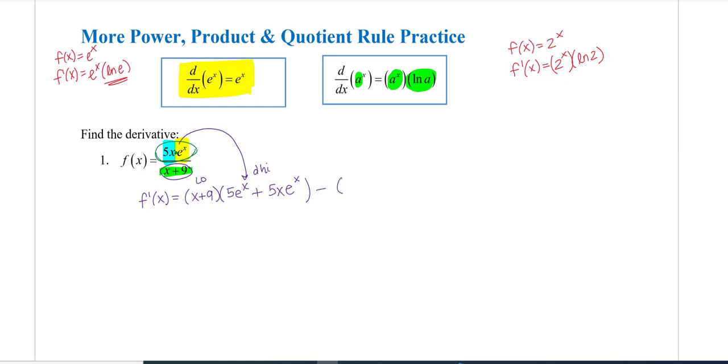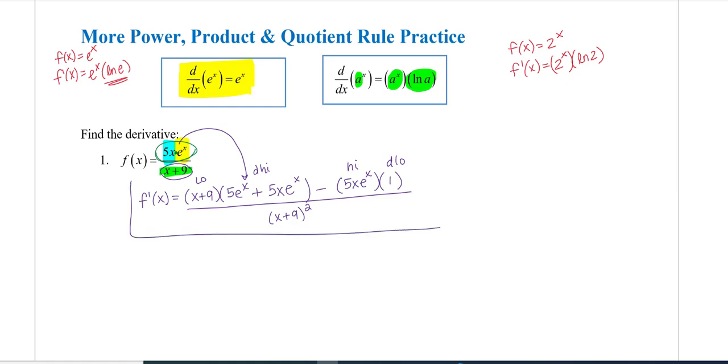Minus your high, I'm going to copy it down. D low, now I'm doing derivative of that denominator. 1. That's kind of nice. Derivative of x plus 9 is 1. So minus high, d low, and this is all over low squared.